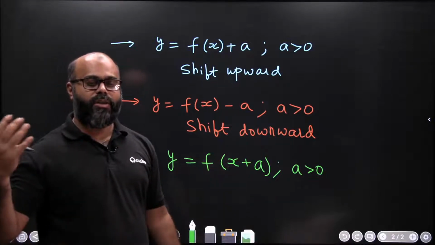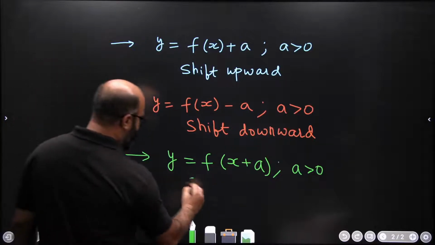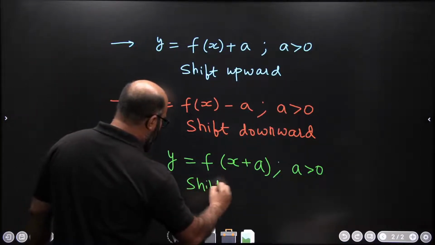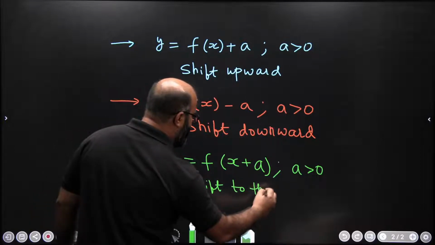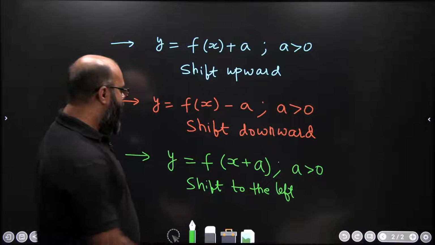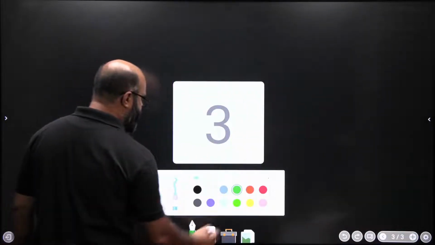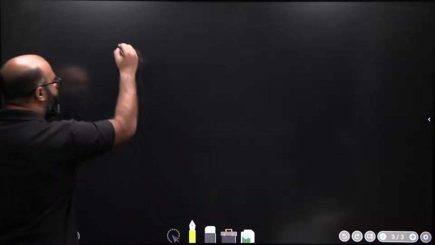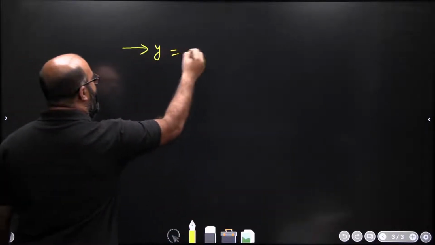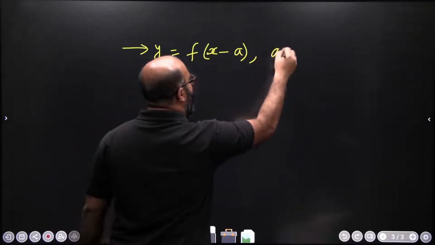Just think about it. It will shift to the left, not right but to the left. And I will give you an example that will help you understand it. Now y = f(x - a), and a is positive.